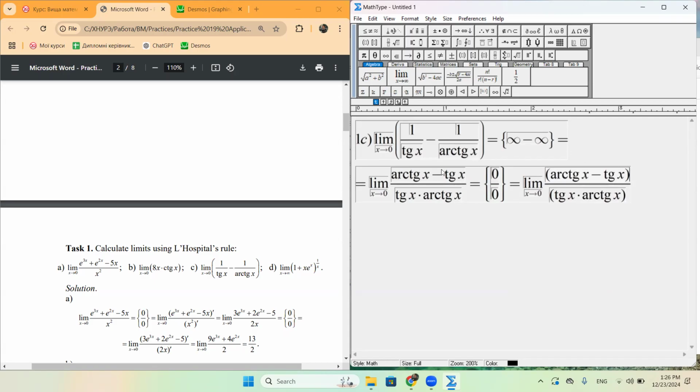By the way, pay attention that we don't differentiate the whole fraction, but we differentiate the numerator and denominator separately. So when solving your individual tasks, be attentive.